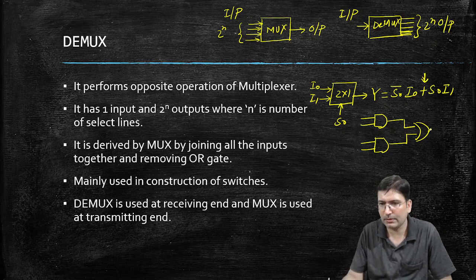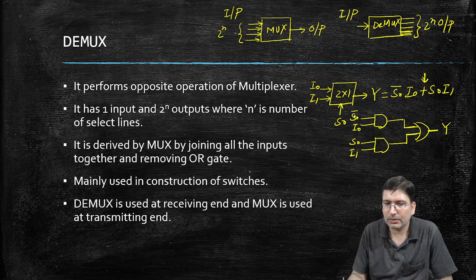OR operation, and then we will get Y. So let's say we assume that this is S0 bar and this is I0, right? And this is S0 and this is I1. So this circuit will realize this Boolean expression.